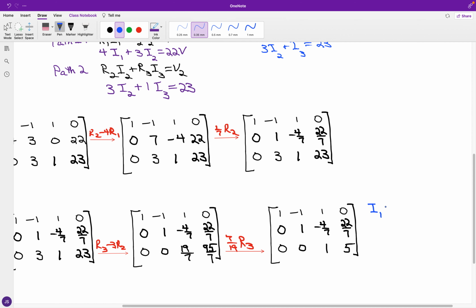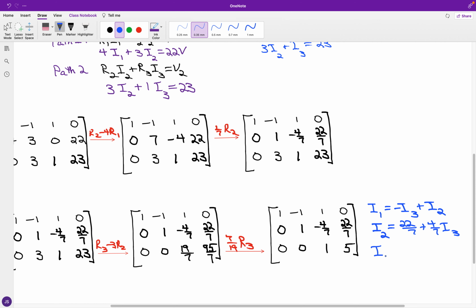Okay, so for the measurements, right now we have that I of 1 is going to be equal to negative I of 3 plus I of 2, and for I of 2 we have is equal to 22 sevenths plus 4 sevenths of I of 3.